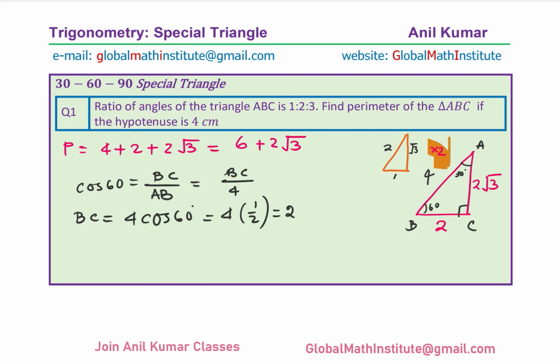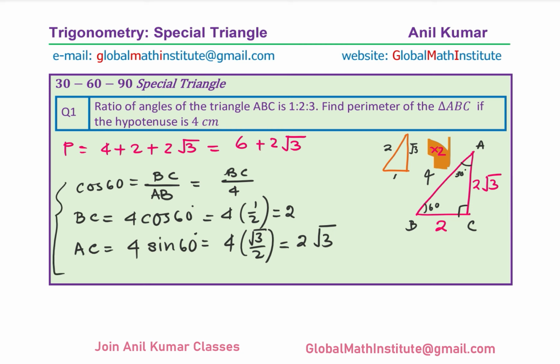Do you see? You could calculate, and similarly, you could also calculate AC as 4 times sine of 60 degrees, correct? Which will be 4 times square root 3 over 2, and that will give you 2 square root 3. Makes sense. So both these steps are avoided, right?